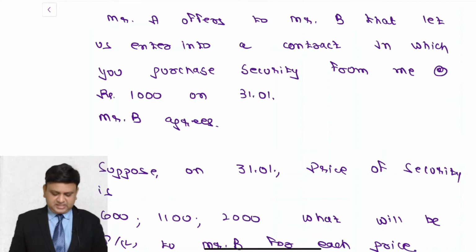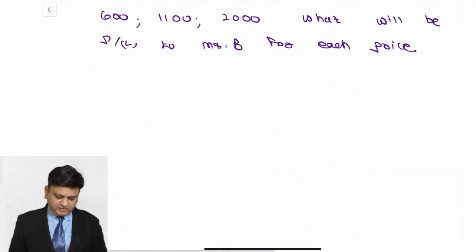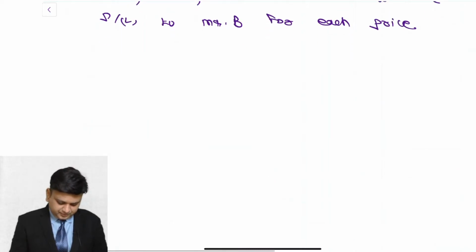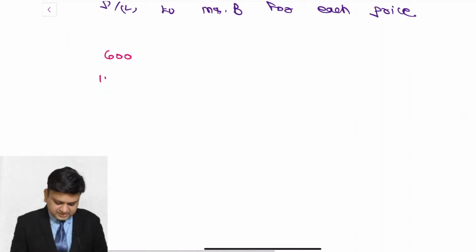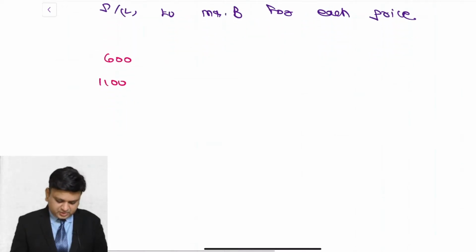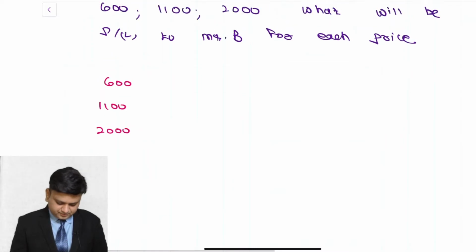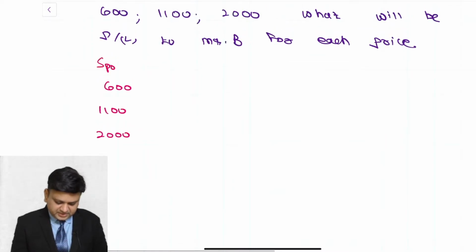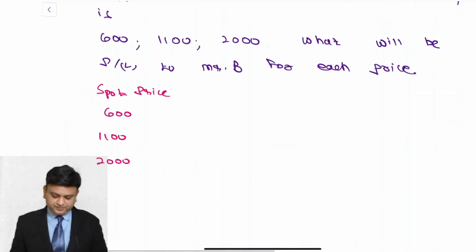So let us have an understanding of this. Just having an informal discussion before we write anything. The spot price is 600, the spot price is 1100, the spot price is rupees 2000. The term spot price: spot is an English word indicating right now.